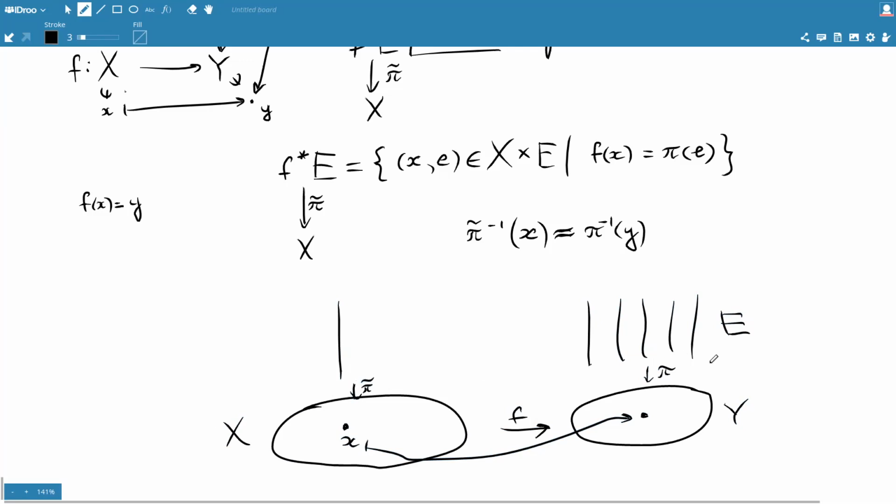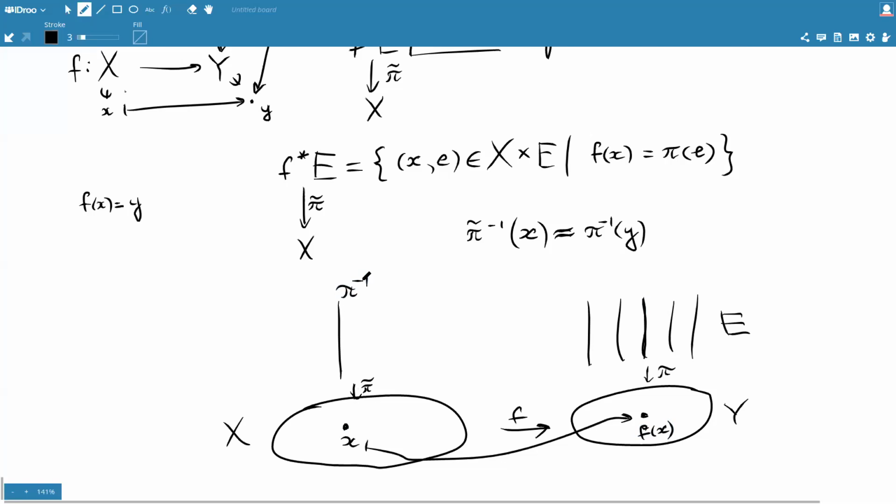So here is the fiber over the image of the point X. So this is f of X. And we just take this fiber and put it over the point X.